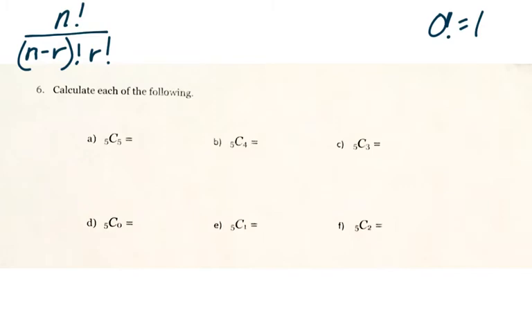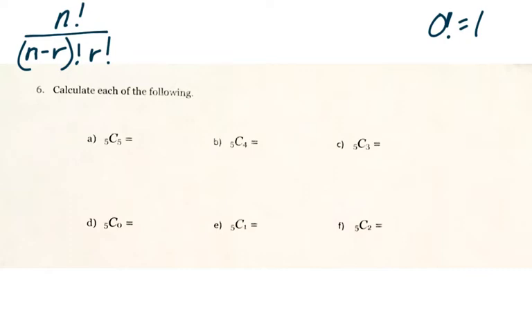Just a reminder before we begin, 0 factorial is equal to 1. You're going to see that that's very important in this situation. Remember our formula, n factorial over n minus r factorial times r factorial. So for this first example, example A, I'm going to substitute the values into the formula.